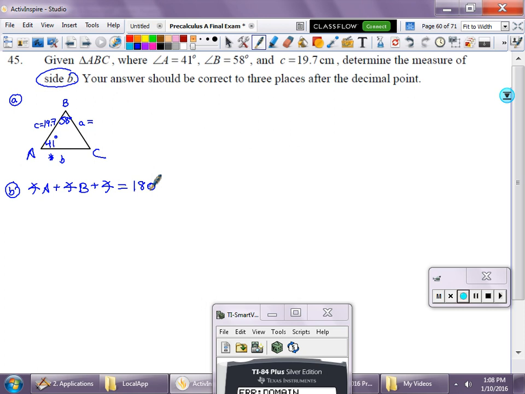We're looking for angle C. Angle C is going to equal 180 minus the sum of A and B, which is 41 plus 58.